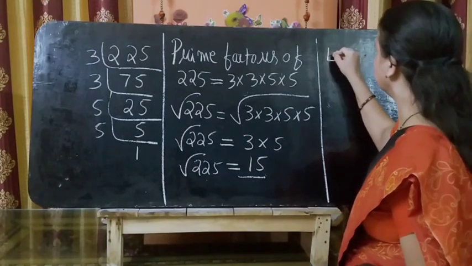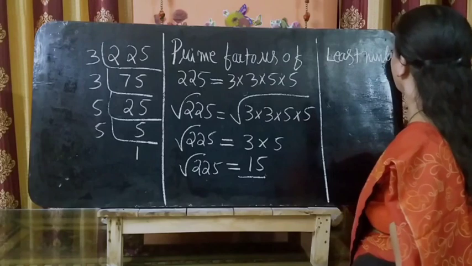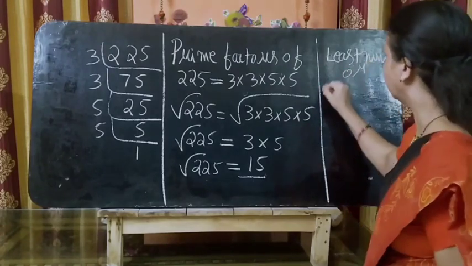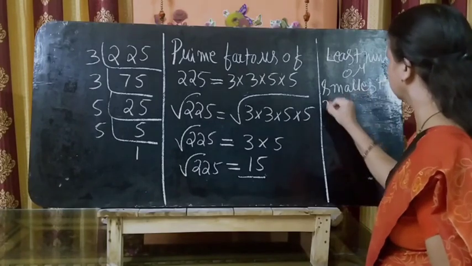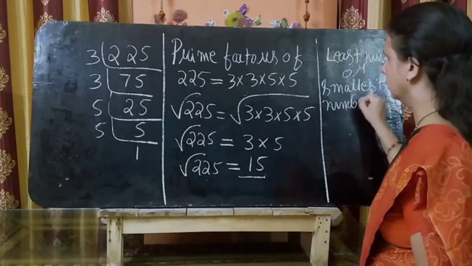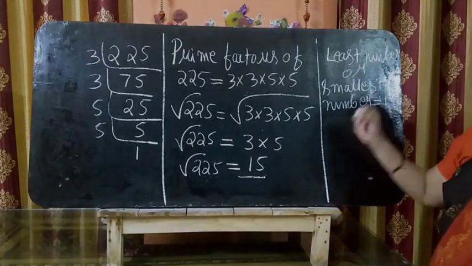Least number or smallest number equals 13.